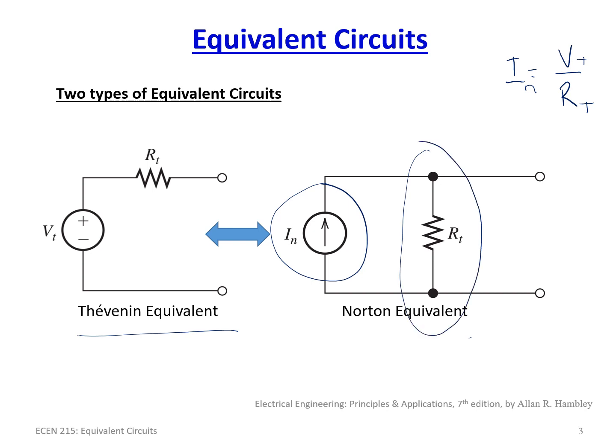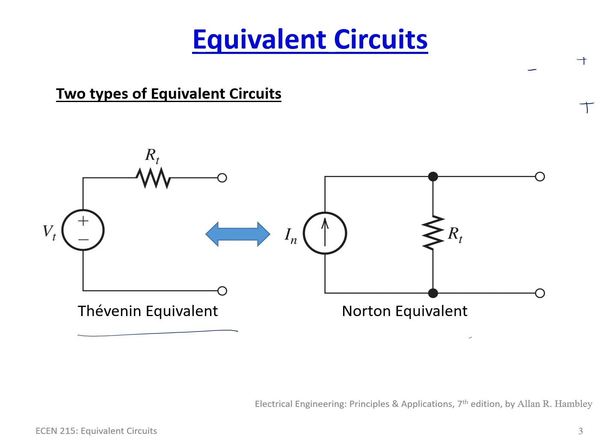So that's all you have to do. If you're given the Norton equivalent, you can get the Thevenin equivalent by changing the circuit configuration to a series resistance and using the Norton equivalent current source and RT. It's just simply using Ohm's law to go back and forth between the two.